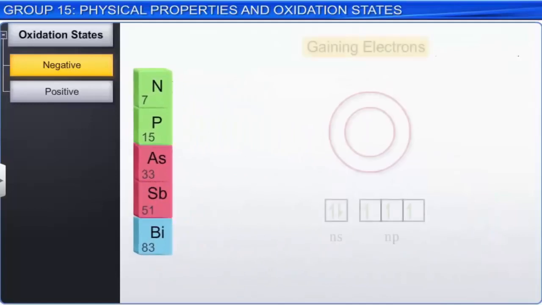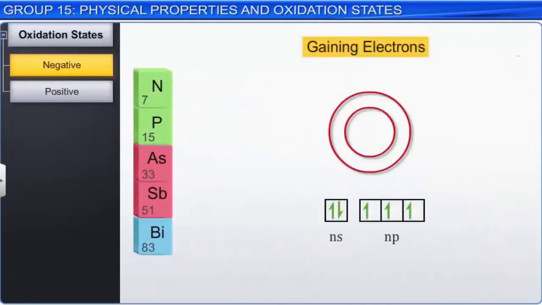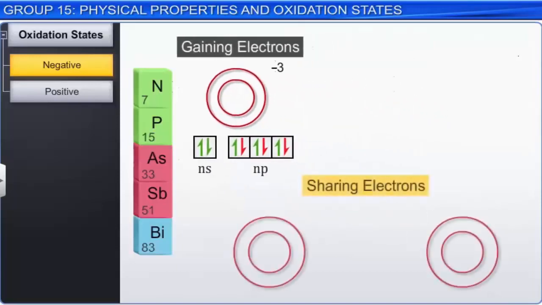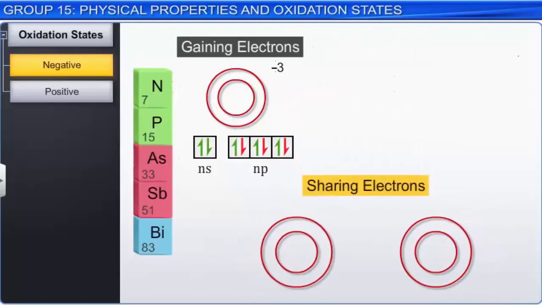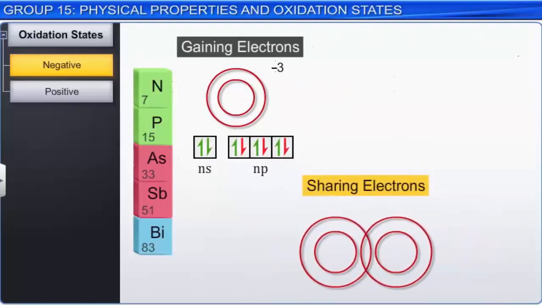The octet can be achieved either by gaining 3 electrons or by sharing 3 electrons by means of covalent bonds.